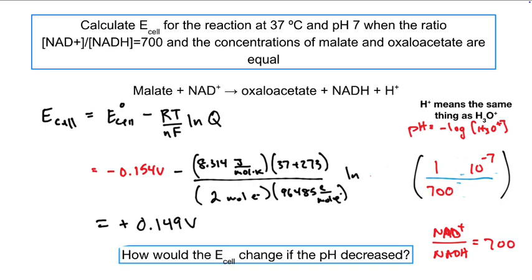Okay? So in a biological system, what's happening? We can control whether this reaction moves forward by changing temperature, the concentrations of NAD plus and NADH, and our pH. Could we change the concentrations of malate and oxaloacetate? Probably, but in a biological system, those two concentrations are probably pretty close to the same, just because of how they're getting used and produced within the chemical reaction.